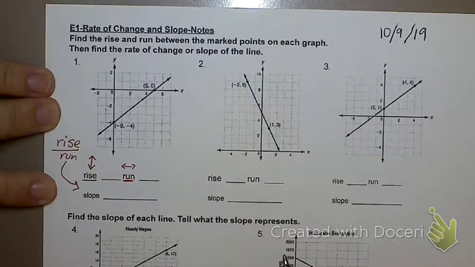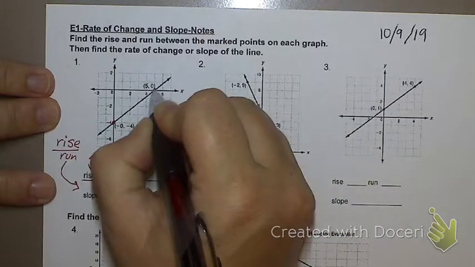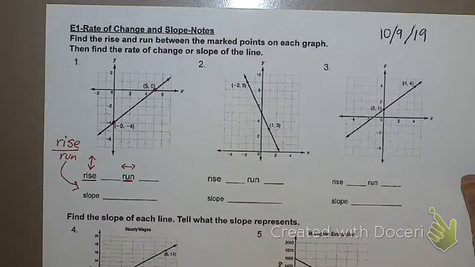So, I'm going to pick 2 points. They gave me 2 points. That makes life easy. If I have to pick 2 points, I want 2 points that are exactly where grid lines cross. Exactly. Not close, but exactly.